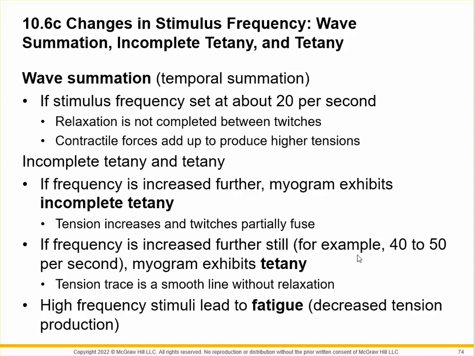We can also have something called wave summation, which is a temporal summation. And so if the twitch runs its whole course, there's quite a bit of time: the latent period, the period of contraction, and the period of relaxation. But what happens if the next stimulus happens before the period of relaxation is even started, let alone completed? Then the contractile force adds up and you get a higher tension, right?